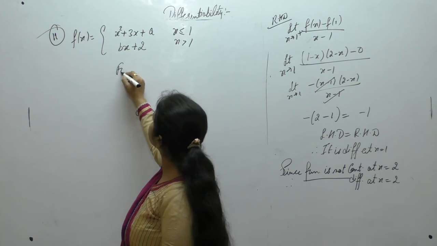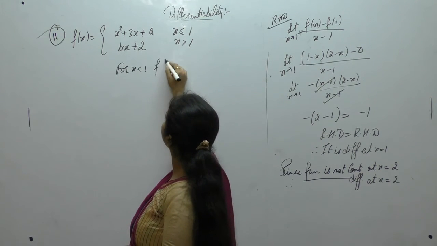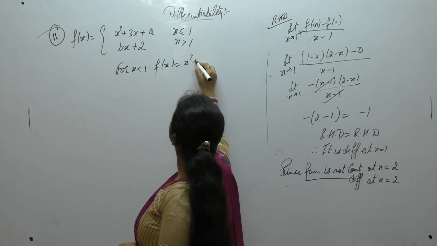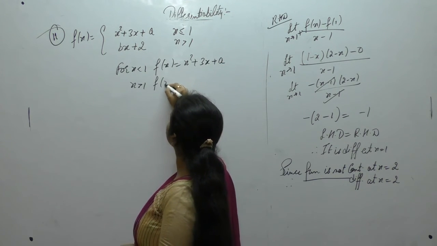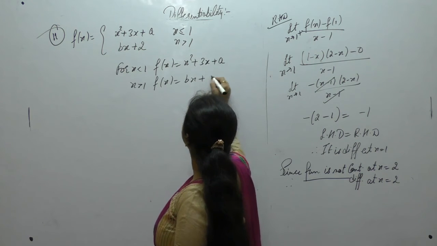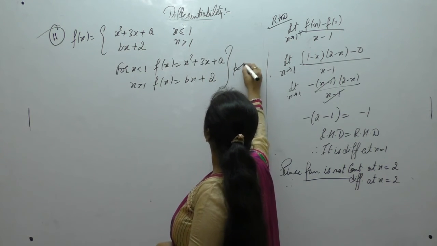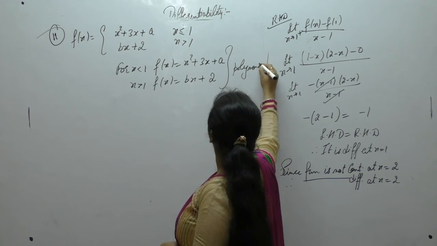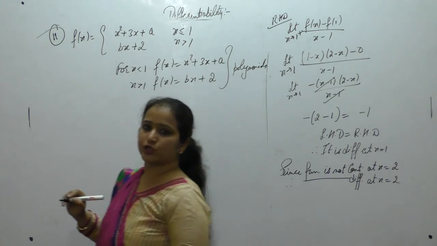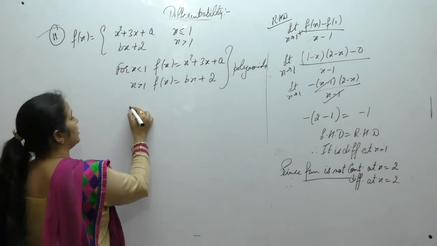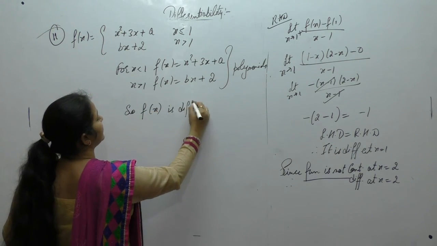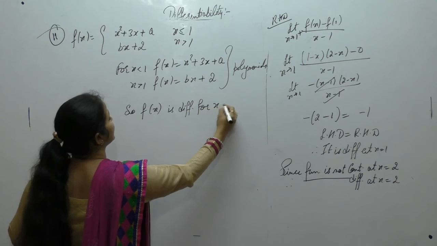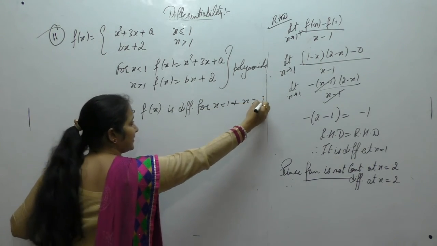For x less than 1, f of x is x square plus 3x plus a. For x greater than 1, f of x is bx plus 2. These are polynomials and polynomials are differentiable everywhere. So f of x is differentiable for x less than 1 and x greater than 1.